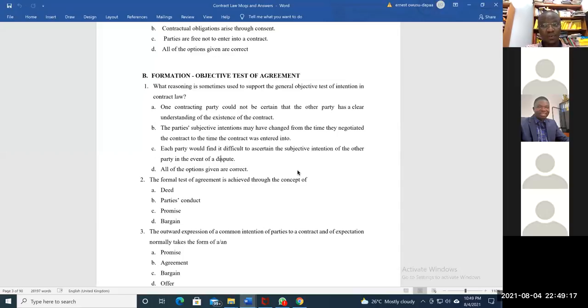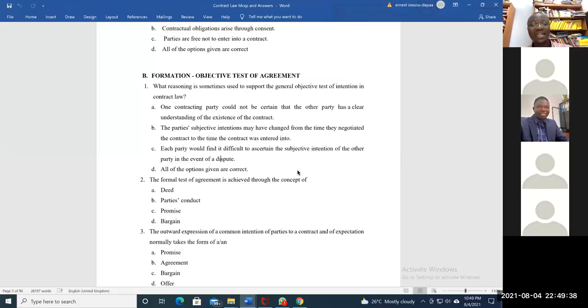So we have to be careful, right? Because answers like D say all of the options given are correct. And if you analyze A, B, C, they are all correct with respect to the justification for preferring the objective test of agreement to the subjective test.